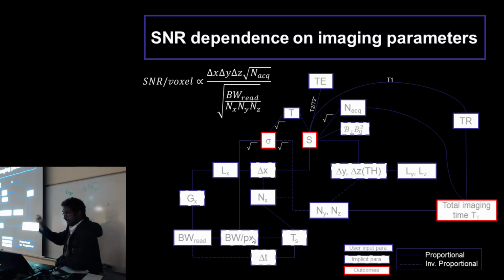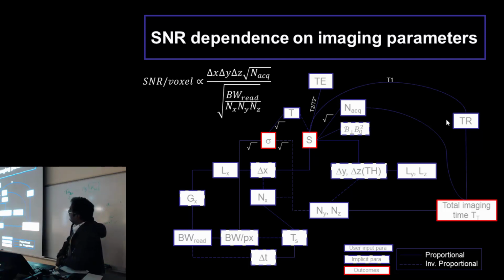You change one thing, it is linked up to something else. It will also change the other parameter. And if you see here, it is also dependent on T2 and T2 star, because if you change your TE or TR of your experiments, then your signal strength and your contrast is dependent on that.